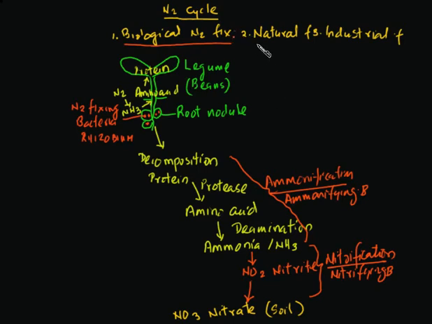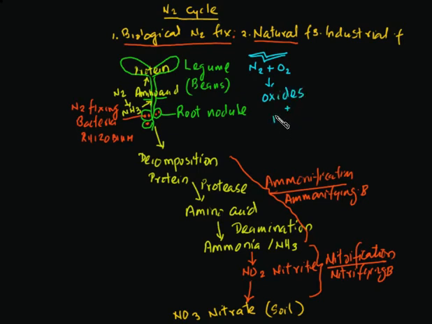Look at the second method, natural fixation. This happens when there is lightning. Lightning is a discharge of electricity between clouds. When the electricity passes through the air, it forces the nitrogen to react with oxygen, and that forms oxides of nitrogen.